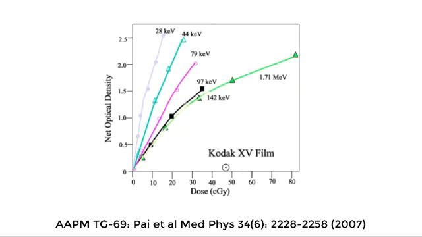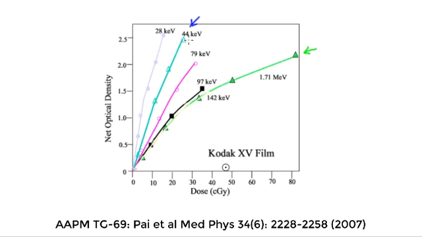Here's another effect with these radiographic films: there's an energy dependence of the film response. This is from TG-69. Here's a high energy beam, and over here in blue, let's say, is a low energy beam. You'll see that for a given dose, the optical density is going to be very different. There are a couple of implications.